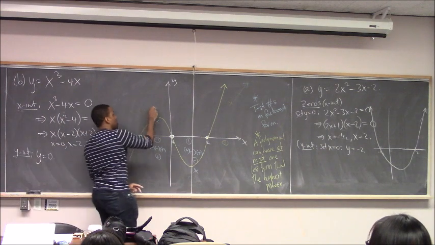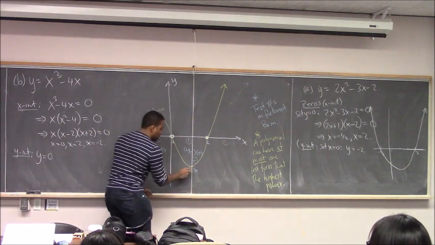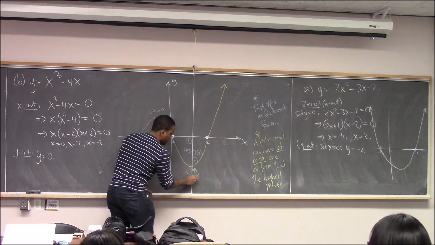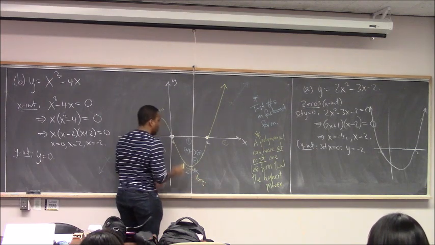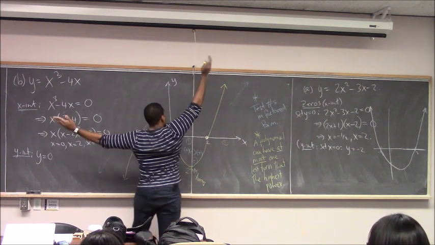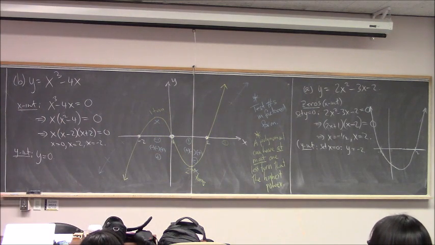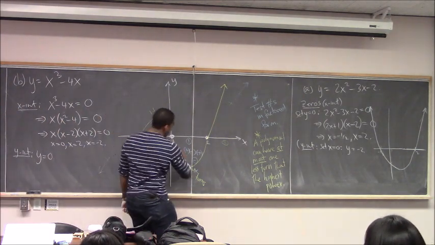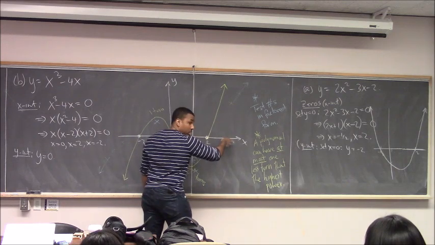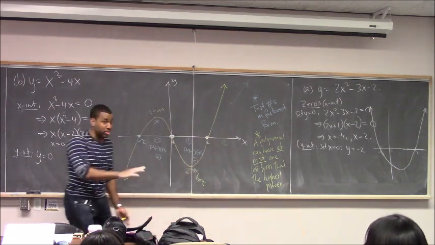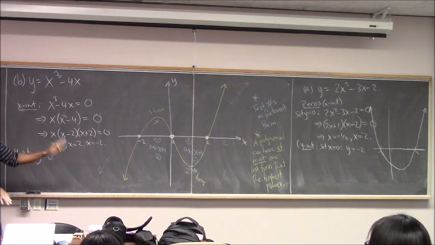Here was 1 turn, occurred here. Here's another turn, second turn, occurs here. There are no more turns. Once I made those 2 turns, the graph just keeps going, doing what it's doing, right? So if I turned here, and then I turned again, it's not a cubic anymore.